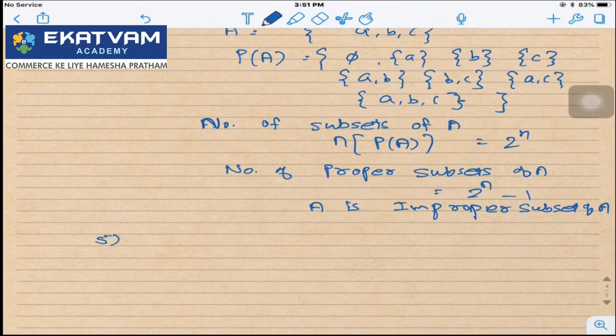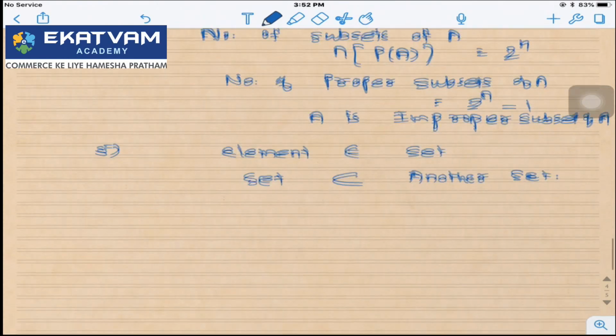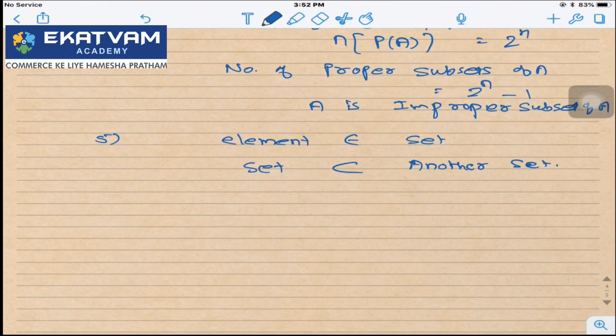You have to understand one thing, that element belongs to the set, and one set is the subset of another set. Element belongs and the set is a subset.